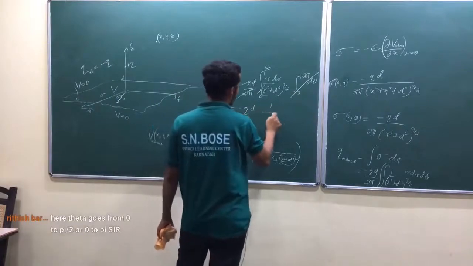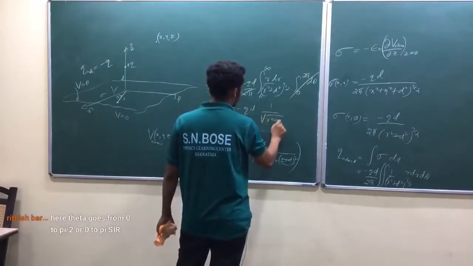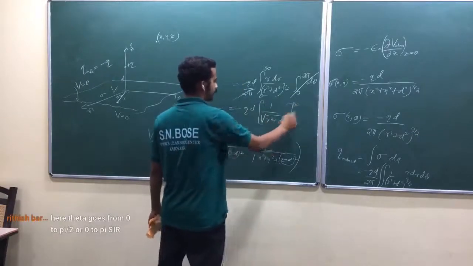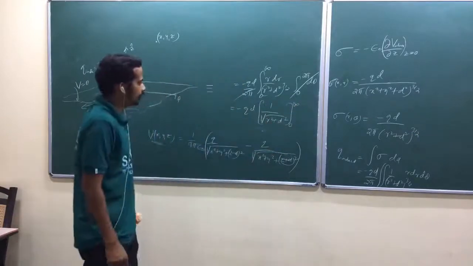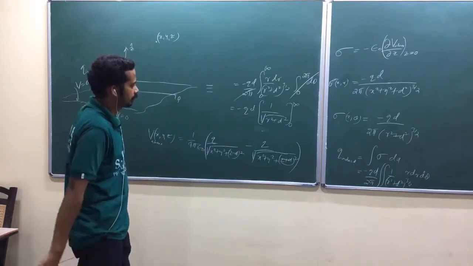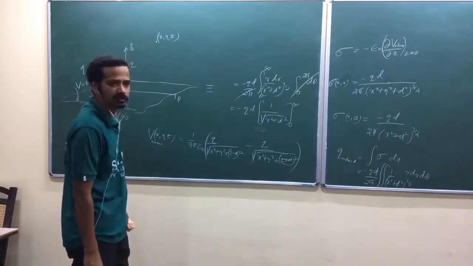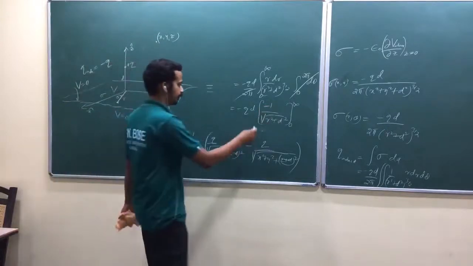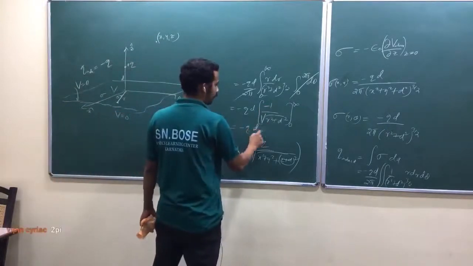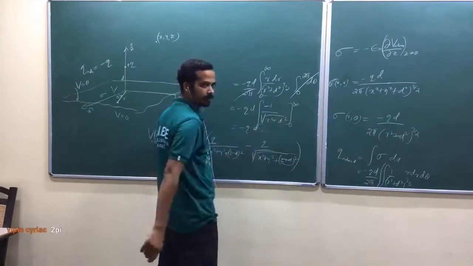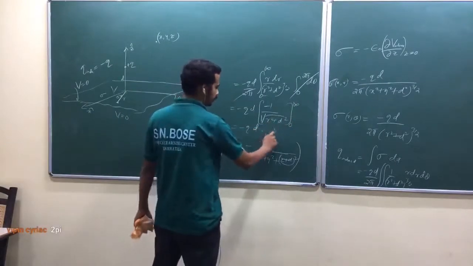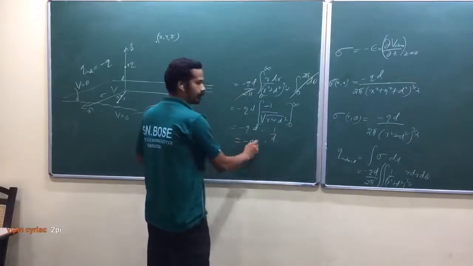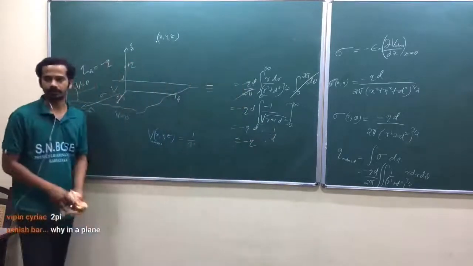This is, I think, 1 by root of r square plus d square running from 0 to infinity, upper limit minus lower limit. I got negative. By integration, one more negative sign. So then minus qd, in the upper limit it is 0, lower limit 1 by d. That will be minus q. Total induced charge is minus q.